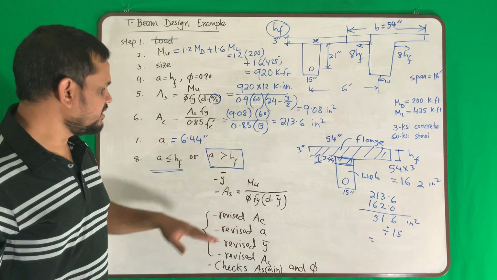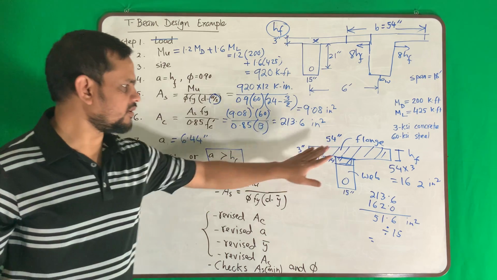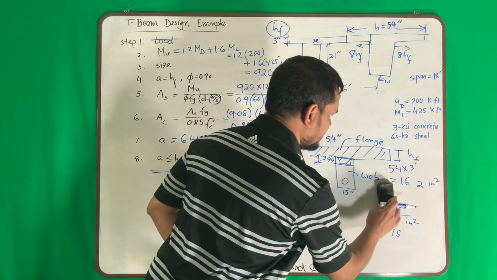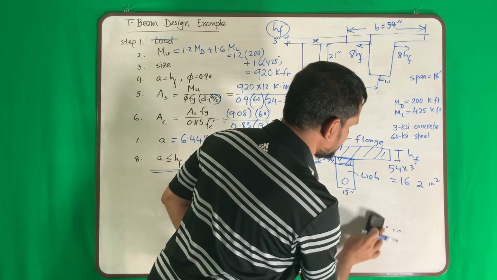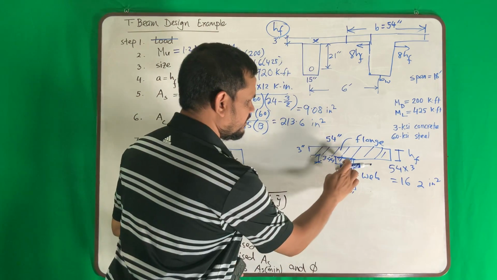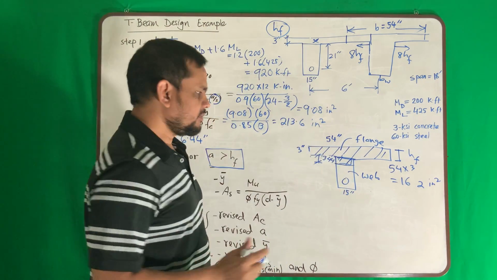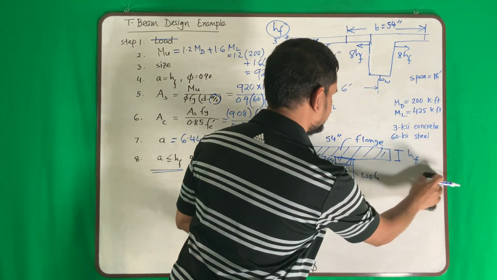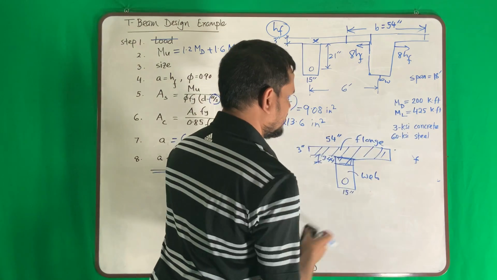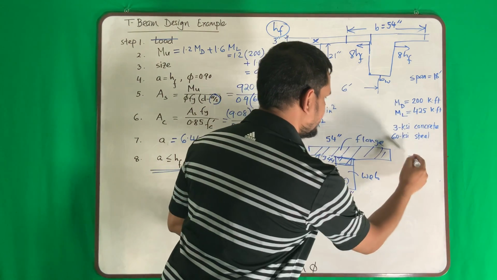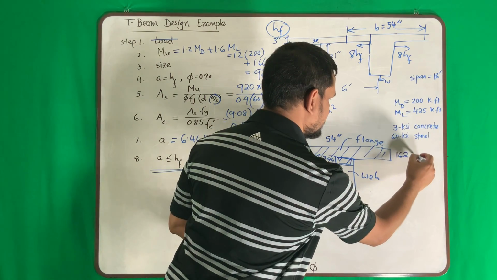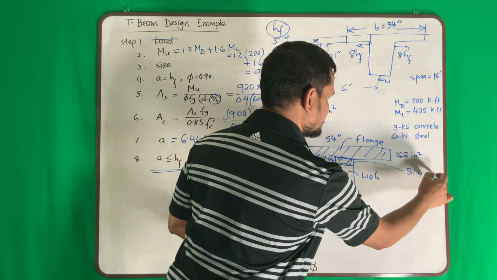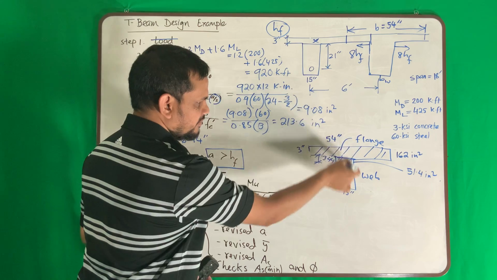So first do this portion, centroid of this portion. Okay, how to find the centroid? I forgot the area of this, it was most probably, okay, I will write it here. So area of this was 162 inches square. Area of that portion is 51.4 inches square. So we will find the centroid of this portion.